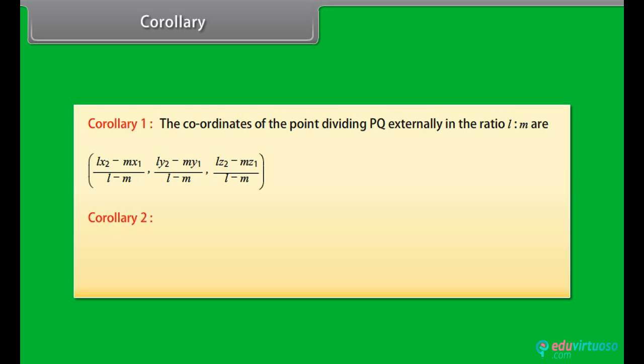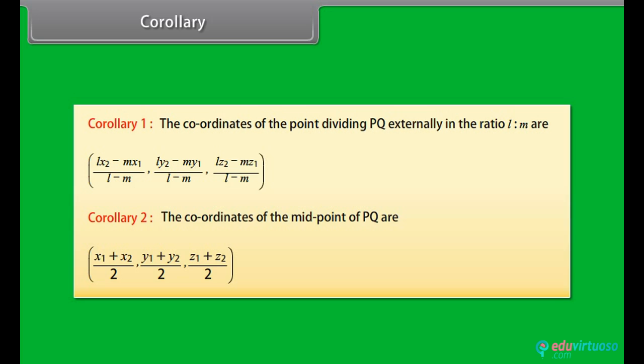Corollary 2. The coordinates of the midpoint of PQ are (x1 plus x2) by 2, (y1 plus y2) by 2, (z1 plus z2) by 2.